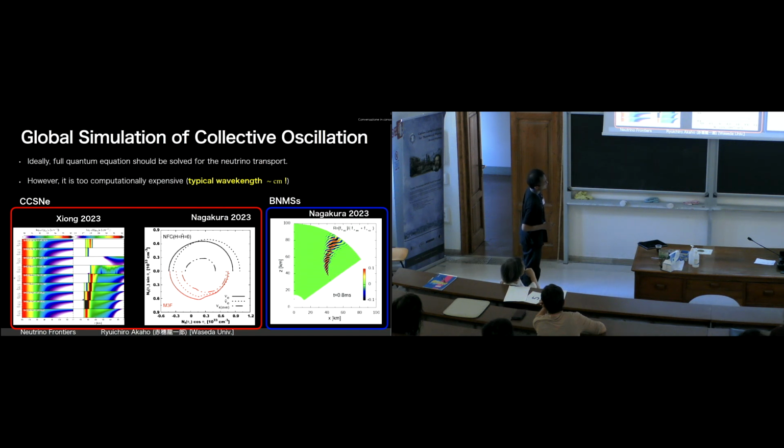So this gives a general idea of how the flavor conversion deforms the momentum space distribution, and the above black lines are the neutrino distribution before the flavor conversion, and you can clearly see that here you have the angular crossing, and after that this part is deformed like this to make the crossing vanish. So that's how the fast flavor instability is developed.